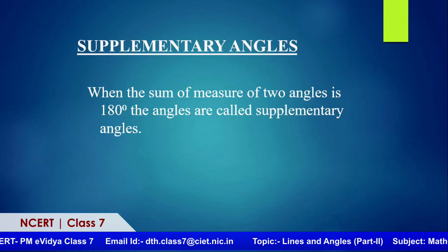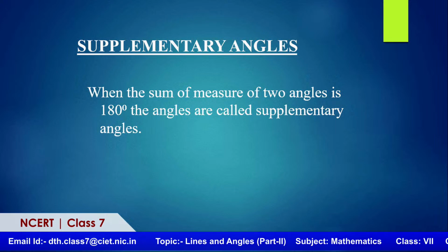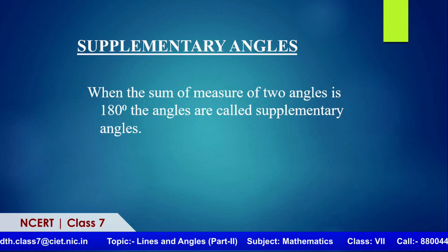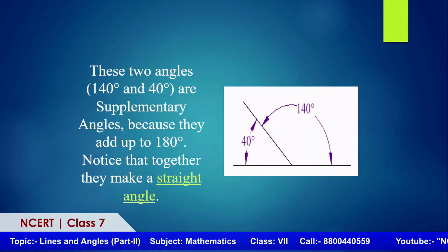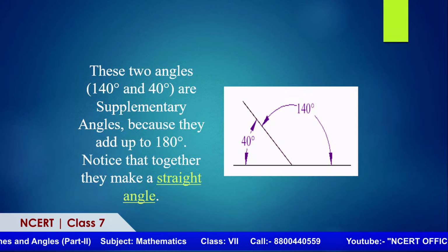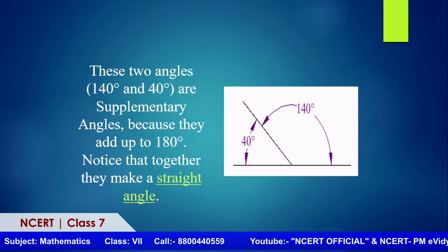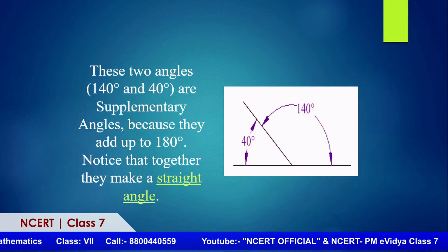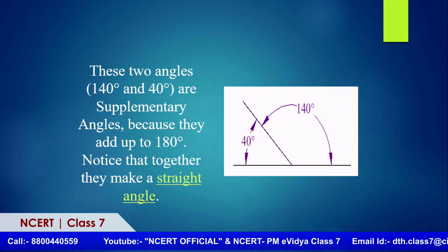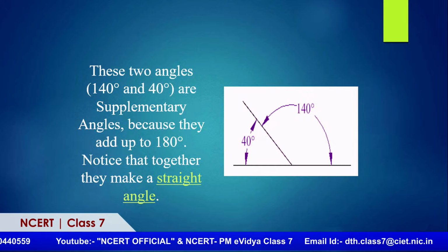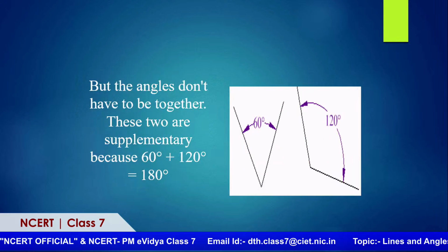Now, what do you mean by supplementary angles, children? When the sum of the measures of two angles is 180 degrees, the angles are called supplementary angles. So here these two angles, 140 degrees and 40 degrees, are supplementary angles because they add up to 180 degrees. Notice that together they make a straight angle. 140 plus 40 degrees is 180 degrees.